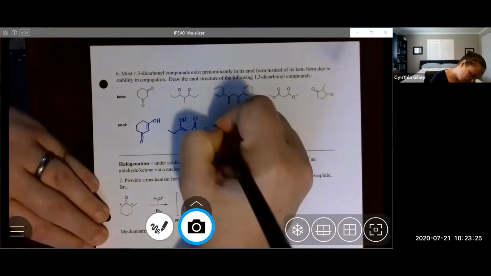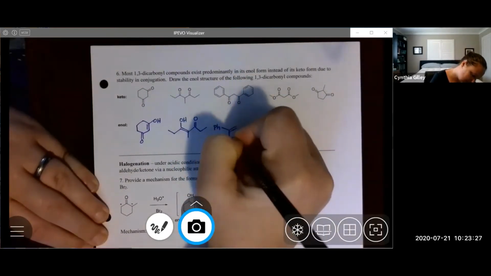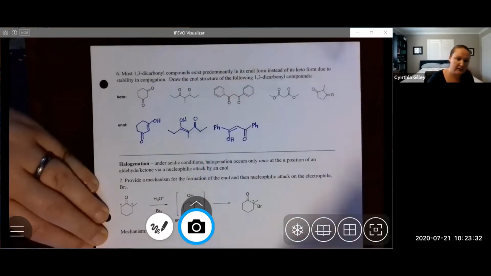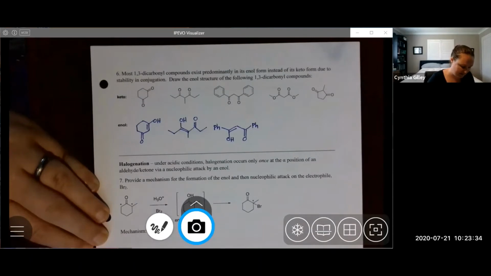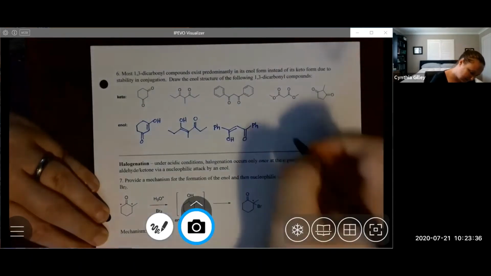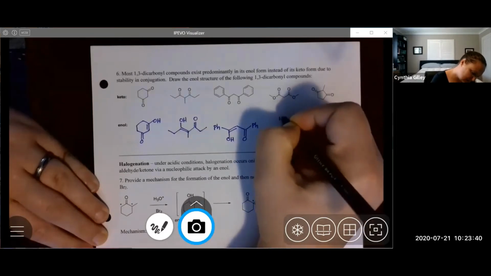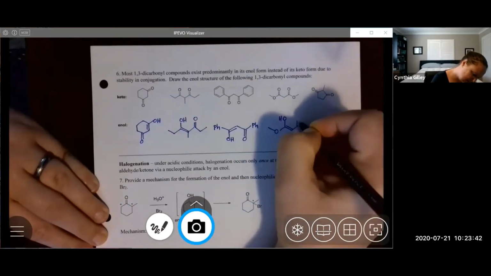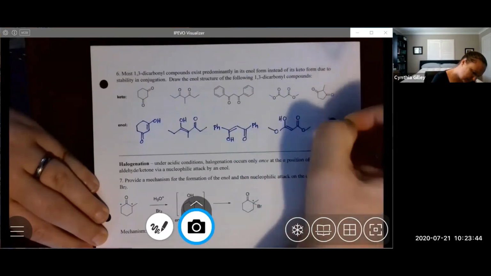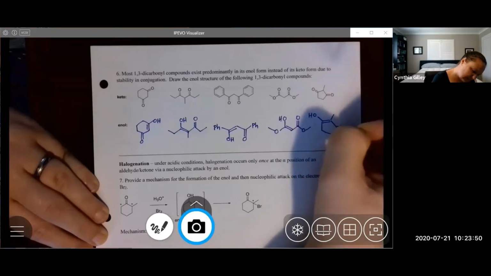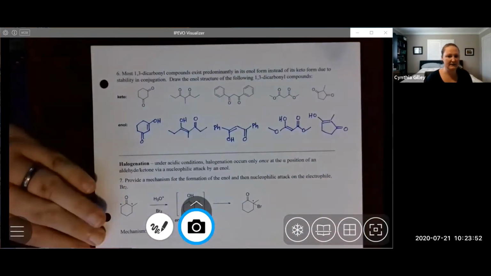Okay, so drawing out the enol over here, we just always make sure to have that conjugated system. So its true structure is existing more in the enol form, and it looks like that in all those cases.